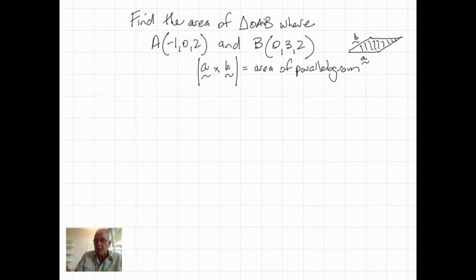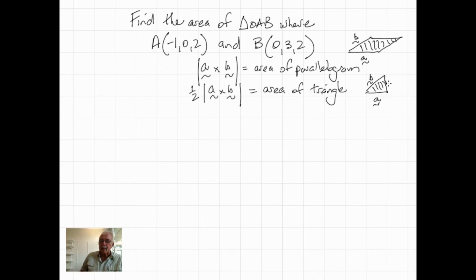But we want the area of a triangle, and so a half A cross B will be the area of the triangle. So if you've got A and B, it'll be exactly half of the parallelogram, if I drew the diagonal through there, it'll be that one there.